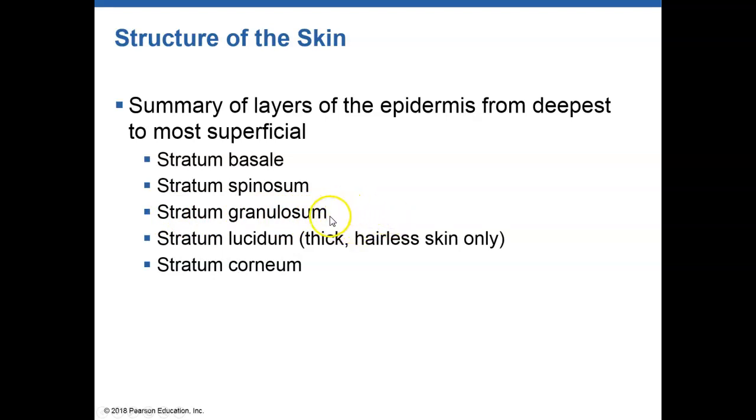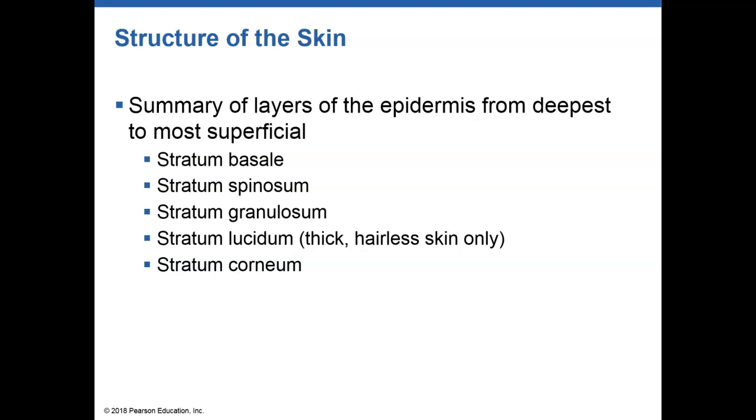They get filled with keratin, so you're producing keratin continuously, and as keratin builds up in the cell it ends up dying. Stratum lucidum, which is only found in thick skin. Thick skin is located on the palms of your hands and the soles of your feet. Stratum lucidum is a clear, thick, extra protective layer.